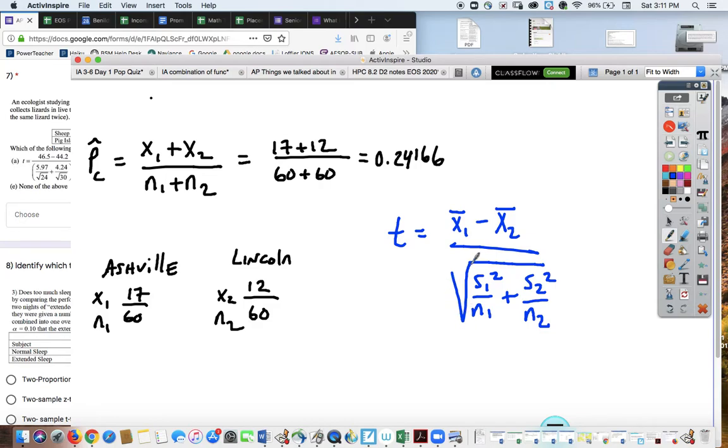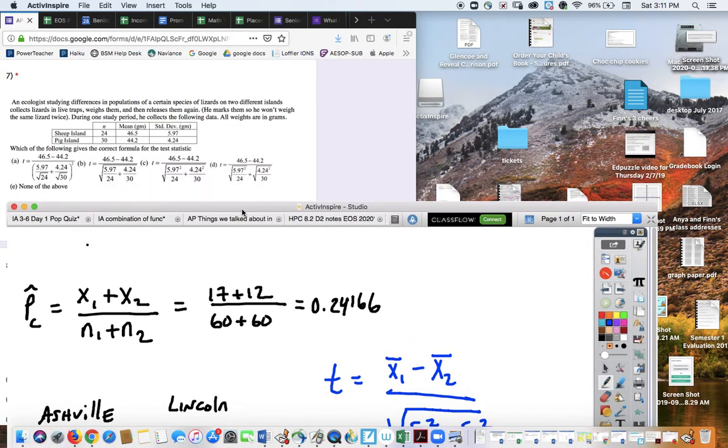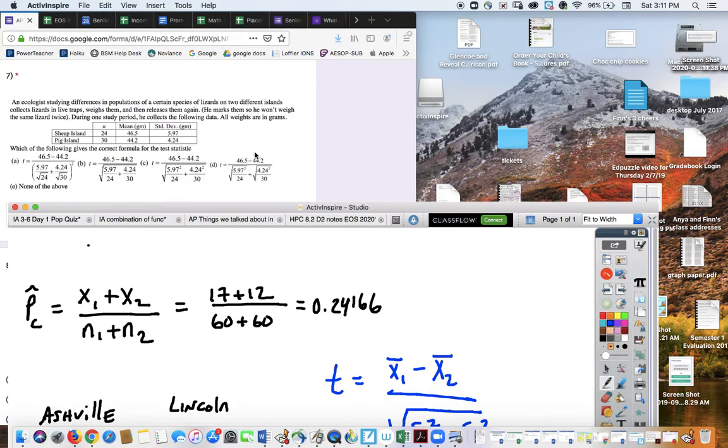Notice that the square root goes over everything in the denominator and that these S's are squared. If you look at your options, D is out because those square roots are separated. B is out because the standard deviations aren't being squared. And A is out because they only have the square roots in the denominators of the denominator. So that's not right. The only one that looks correct is C.